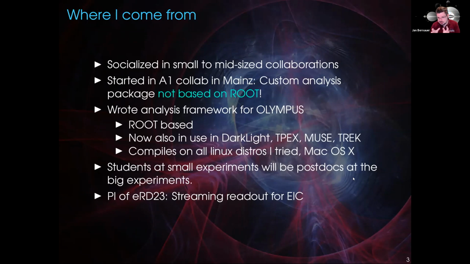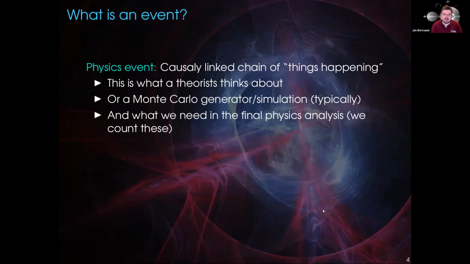So the other perspective I have here is actually from a streaming readout perspective and what that might change in the way we do analysis. And that's actually where I want to start. We always talk about events, right? And what we actually mean most of the time are the physics events, right? Something which is causally linked. It's a causally linked chain of things happening, right?